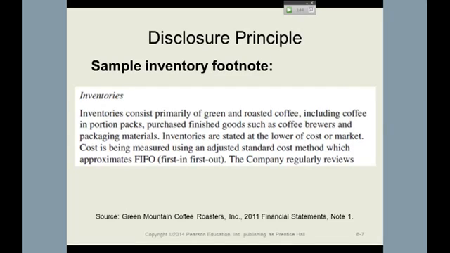But what we'll see in this chapter is the first in, first out approach. So if there was a change in inventory valuation, the company would say that we changed our method of accounting for inventory, and that change had the impact on income to either raise net income or lower net income by a certain amount.